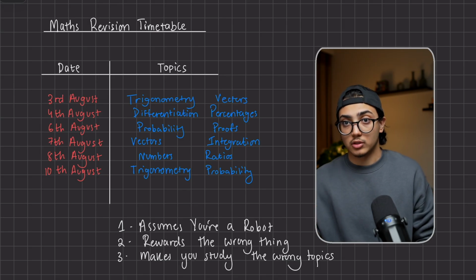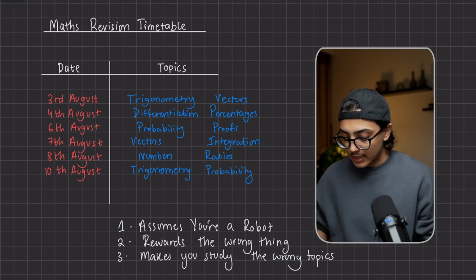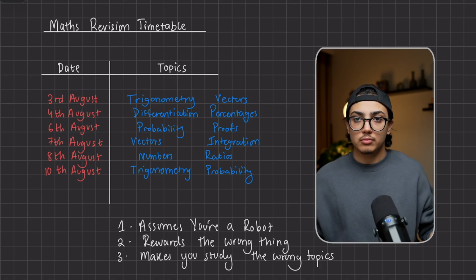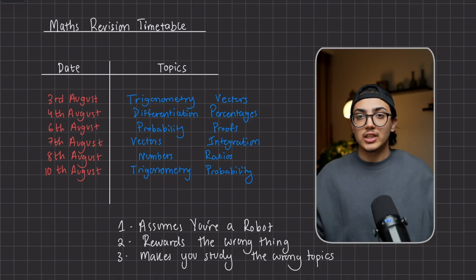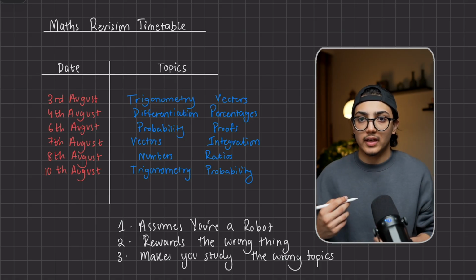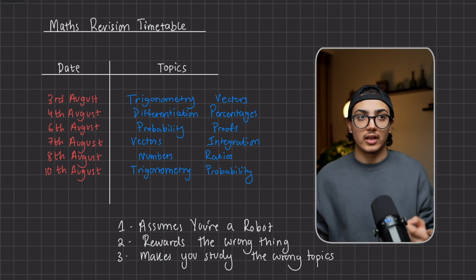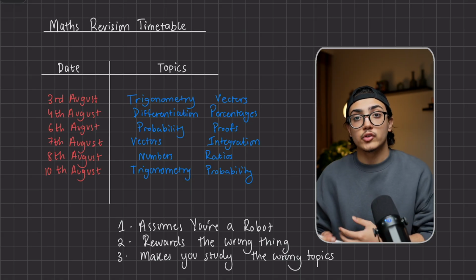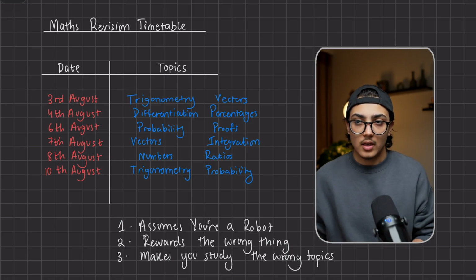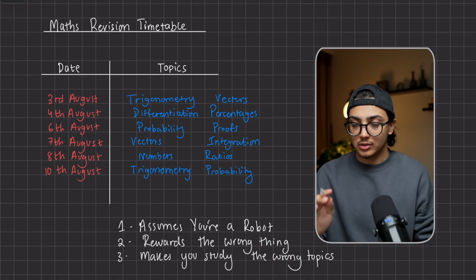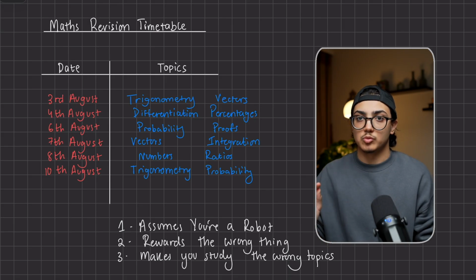In fact, it's counterproductive. Making a revision timetable feels really good. You feel super productive, but in reality, you're focusing on the wrong thing. It's rewarding the wrong thing. It makes you feel like you've actually done something, even though you've done basically no revision. When it comes to retrospective, which we'll come to, that is just 10 times better.